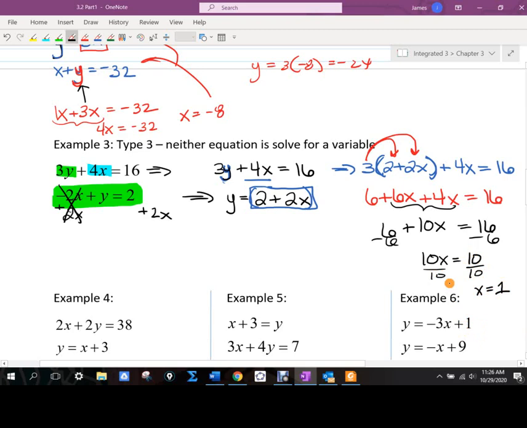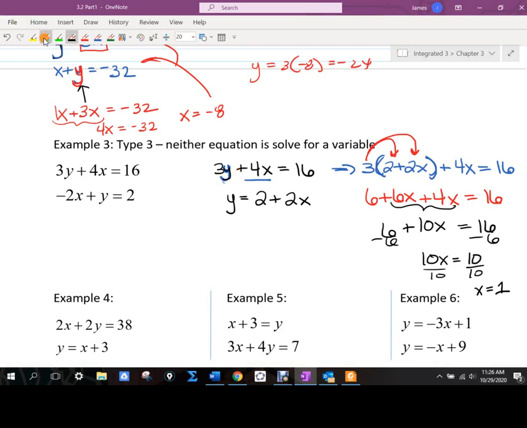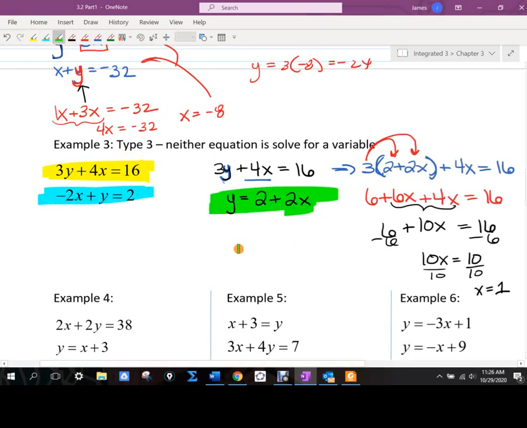Okay. So now here's my question. We can plug back into any one of these equations that we started with or any equation that we created. So we can either plug back into the yellow one, plug back into the blue one, or plug back into the green one. But keep in mind what we're trying to do. We're trying to find y, right? Which one of those makes most sense to plug x back into so that you can solve for y?